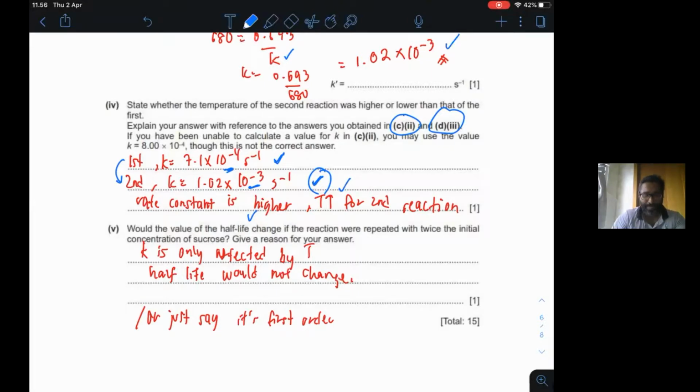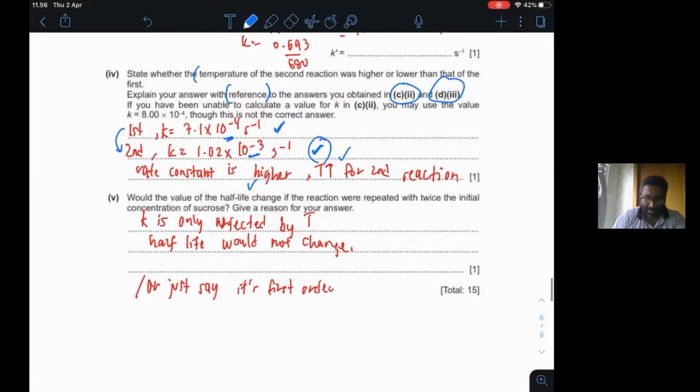Is that okay? They want you to refer to the value, and then ask what the relationship of the temperature towards the rate constant is. The rate constant is higher if the temperature is higher. So that's why they have that.